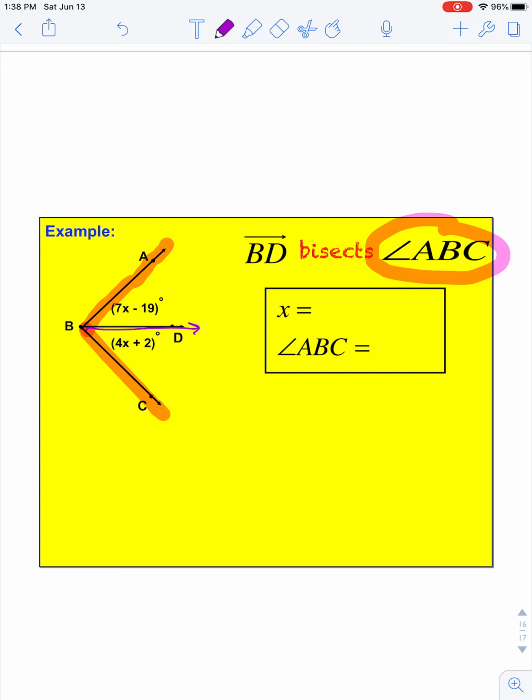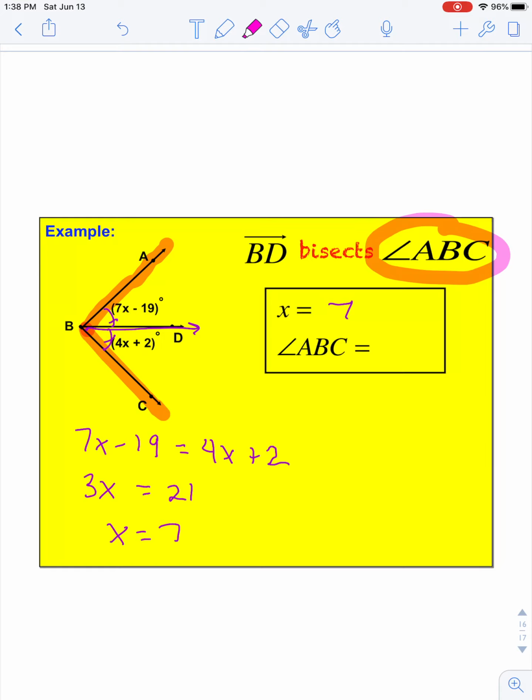So then what that means is that this piece is congruent to this. So I would set 7x minus 19 equal to 4x plus 2. Now when I combine and move things around, I would subtract 4x, so I keep my x's positive, and add the 19 to the other side, which gives me 21. So x equals 7.